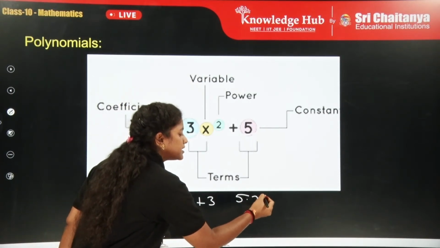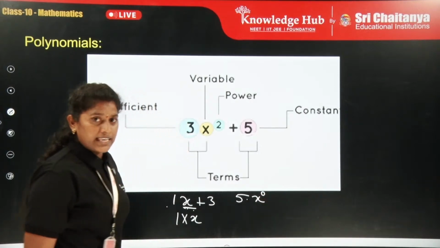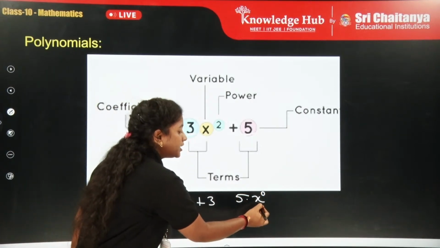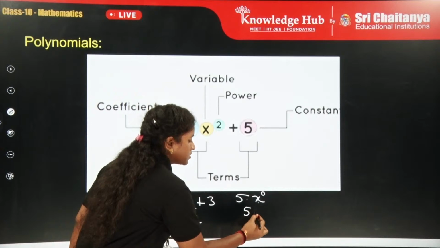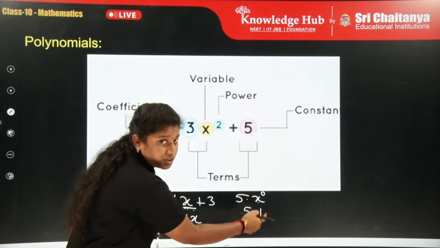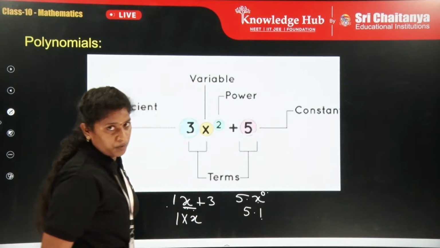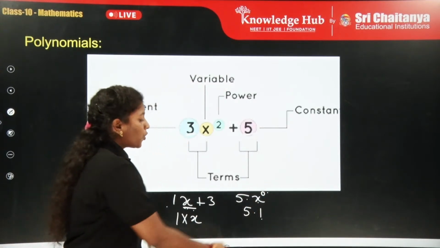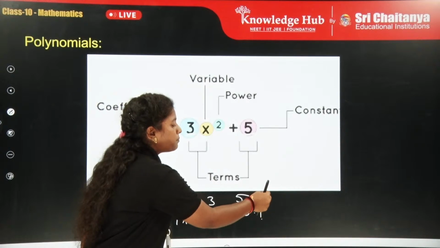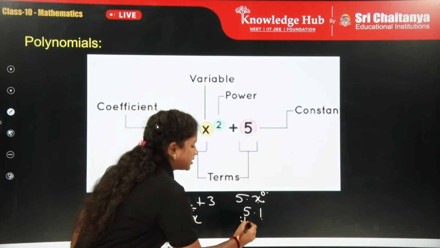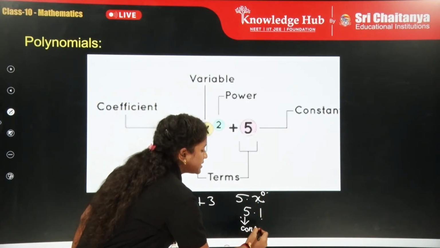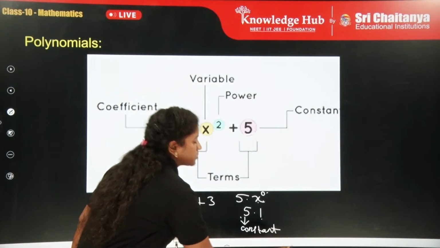Can I represent it as x to the power 0? Yes, because anything to the power 0 gives you 1. So our 5 can be written as 5 into 1, and in place of 1 we can write x to the power 0. Now the coefficient of x to the power 0 becomes the constant. So our 5 is the constant.